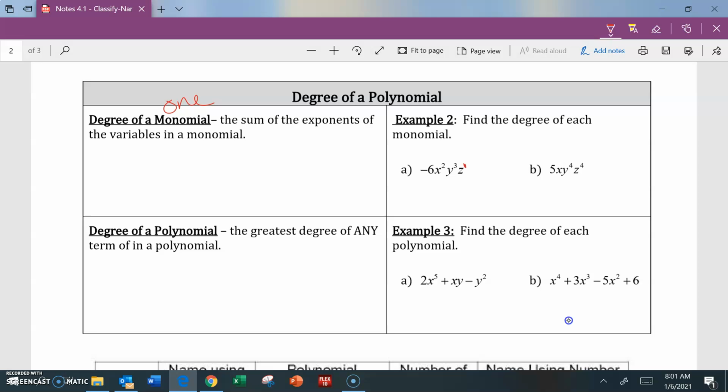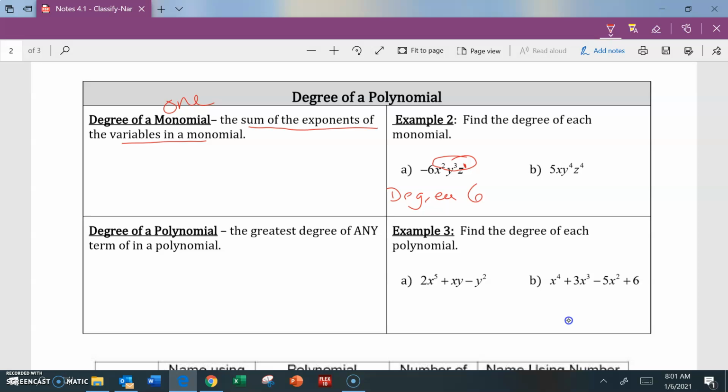It says the sum of the exponents of the variables, 2 plus 3 plus 1. So this would have degree 6, okay? So I added these exponents.